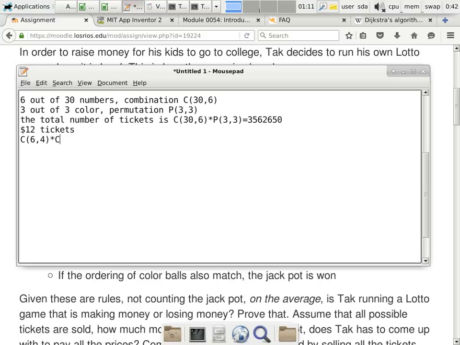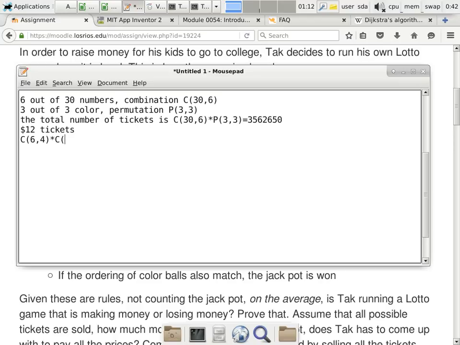So they're all combinations. But now we have to say, how many numbers are we choosing from? Now you have to remember 6 is the winning numbers. So we should not be looking at 30 anymore, because out of the 30 numbers, 6 are already winning numbers, which are already accounted for by the first part.